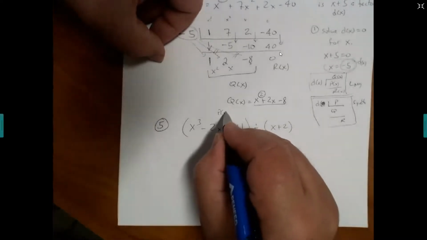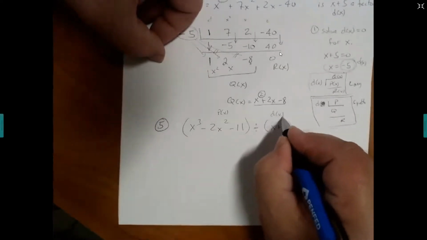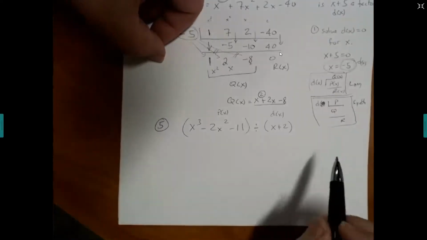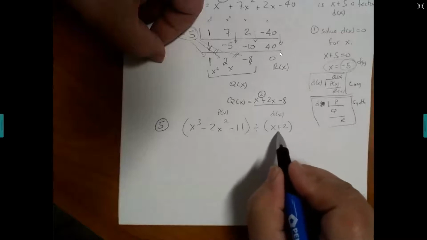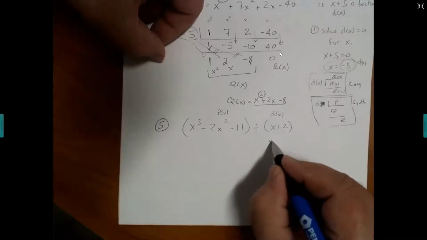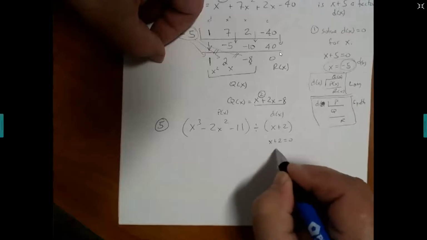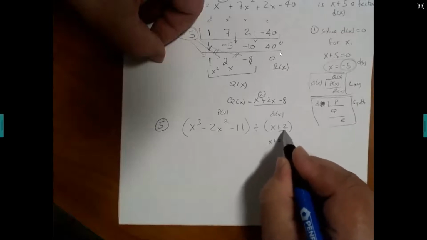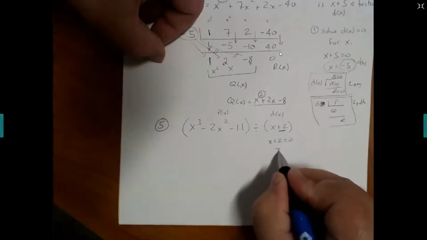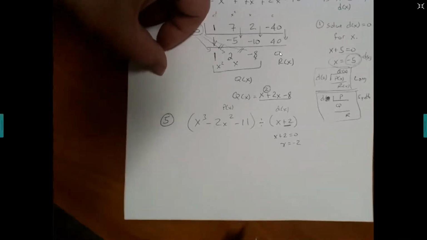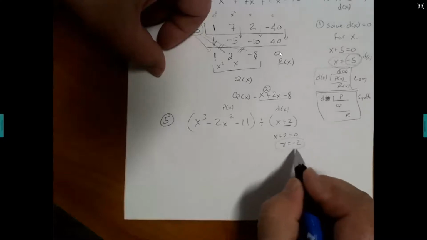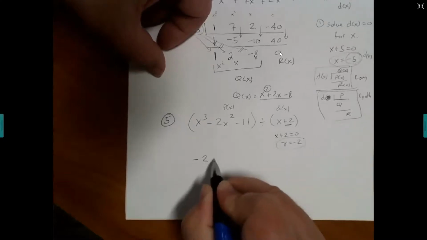Remember, this is your P of X, and this is your little d of X. Your first step is always take your little d of X and do what with it? Set it equal to 0. Remember, it's always going to be the opposite of what's in there already. So the answer is going to be x equals -2. So that number goes out there.